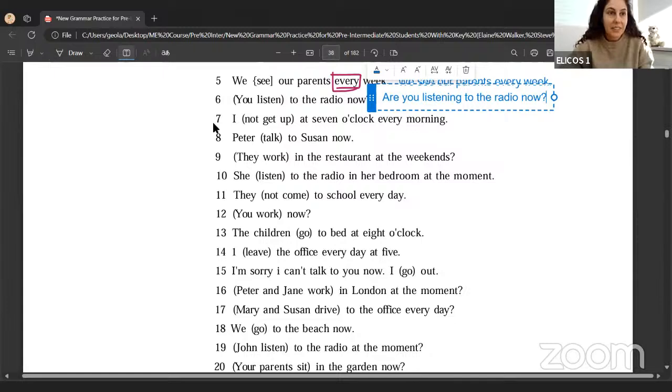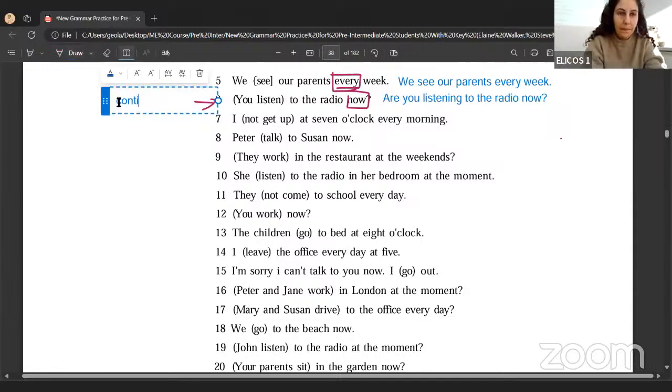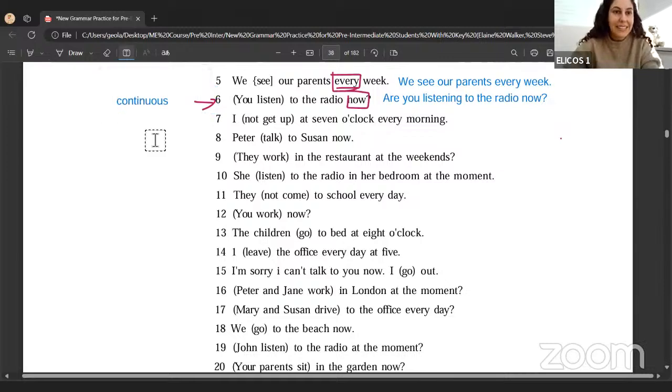We know it's a continuous because I can see that word now. So this one is a continuous. Because I'm asking exactly what are you doing now? This is a simple because it's a routine. Every is a word that we use when we're talking about a routine. Every morning, every night, every day, every week.